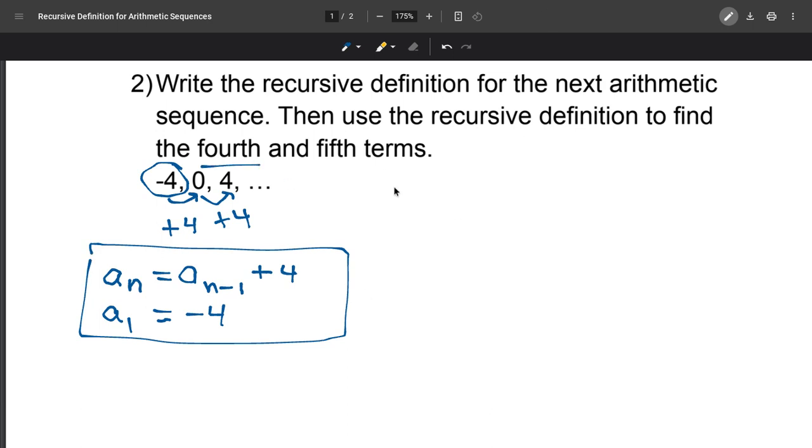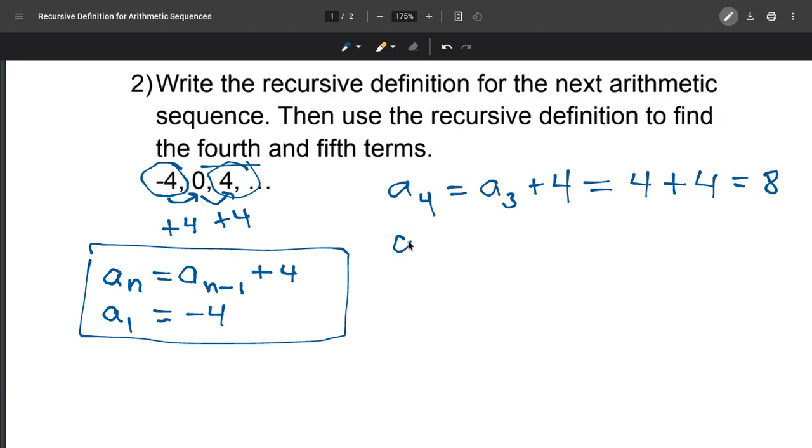So we got our recursive definition here. Now let's find the fourth term. So we're going to say a sub 4 equals a sub 3 plus 4. A sub 3 is 4, so this equals 4 plus 4, so that equals 8.